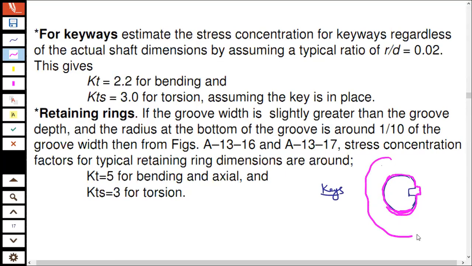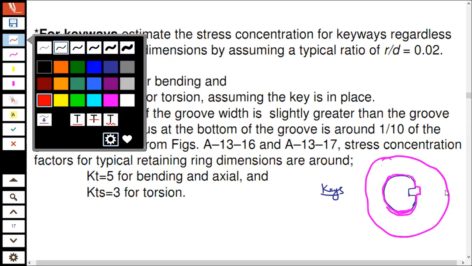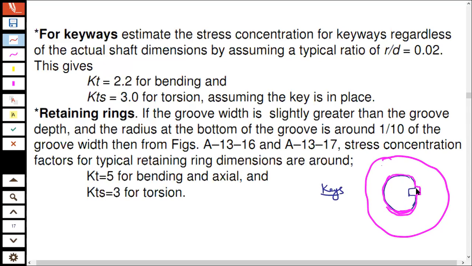So let's say this is a pulley that you mounted on a shaft. What you do is insert a key over here, which has some length, width, and breadth. It depends on what type of key it is.